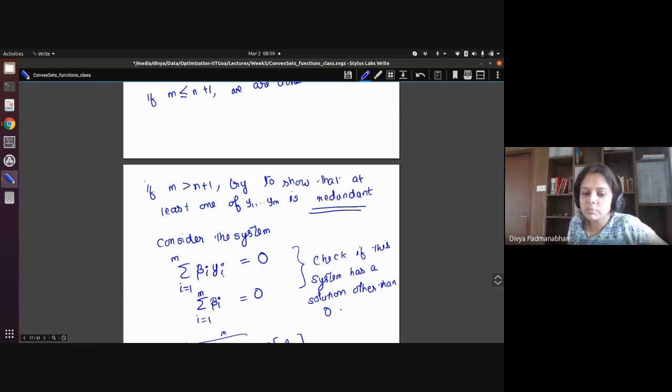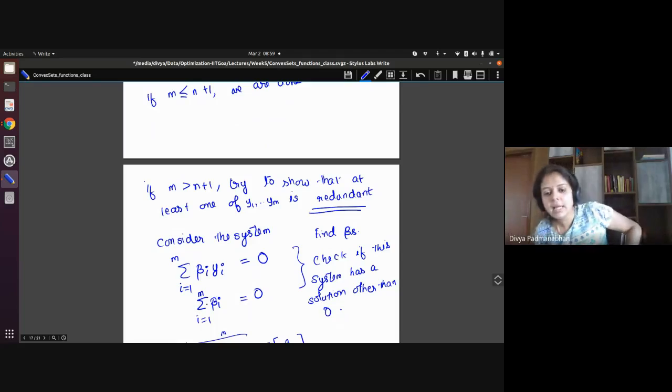Basically you want to find the betas here. These betas are the variables and the y's are given, and you want to see whether there is something other than 0. Of course 0 satisfies these equations, but is there something other than 0 which satisfies these equations? Okay, so that's what we will do.